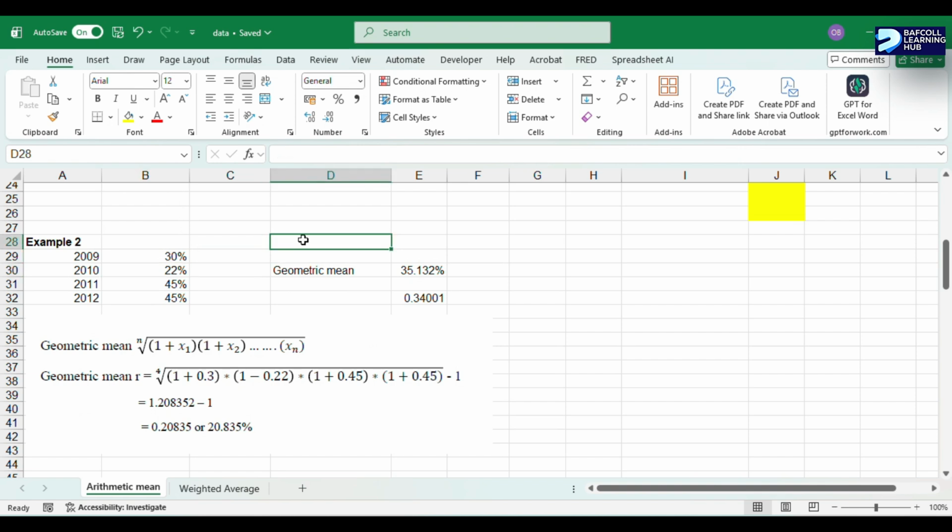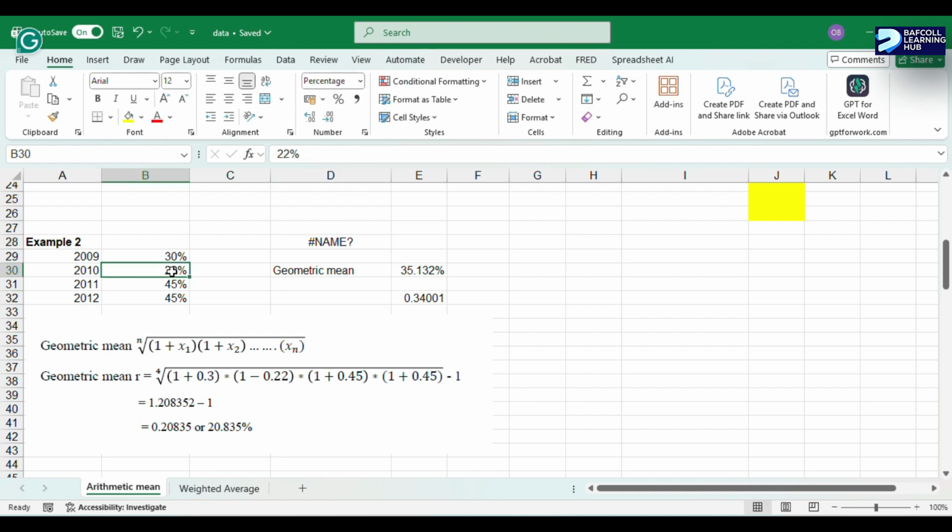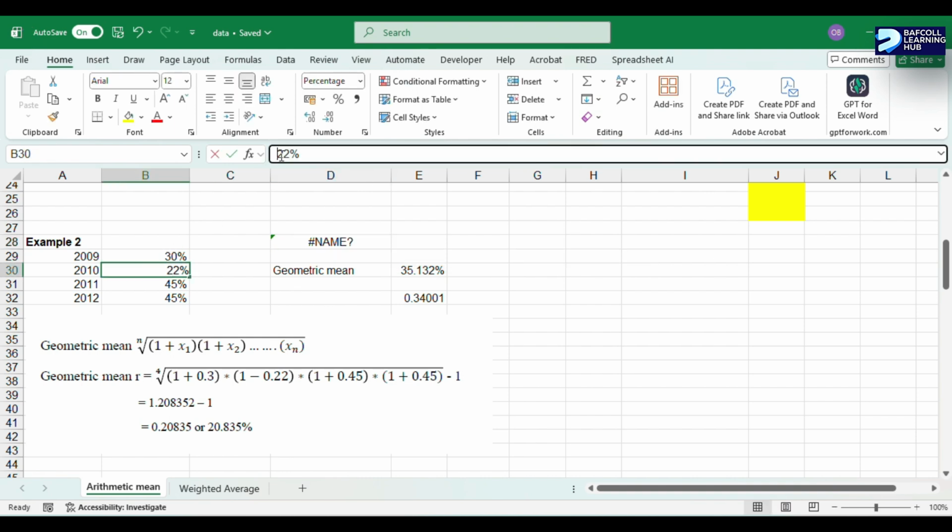The reason being, let's look at something. If you look at the GEOMEAN, it says it returns the geometric mean of an array or range of positive numeric data. And in this instance, in 2010, the question is telling us that there was a decrease, which means we are having negative 22.